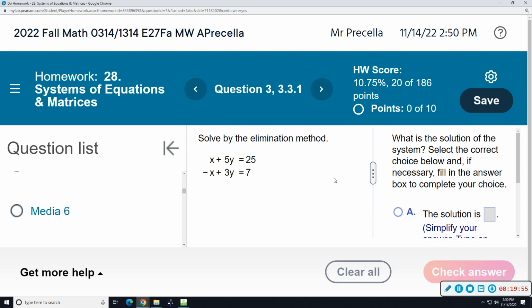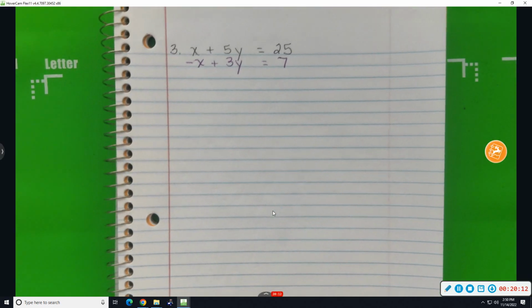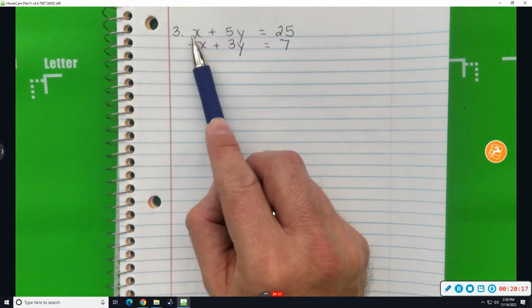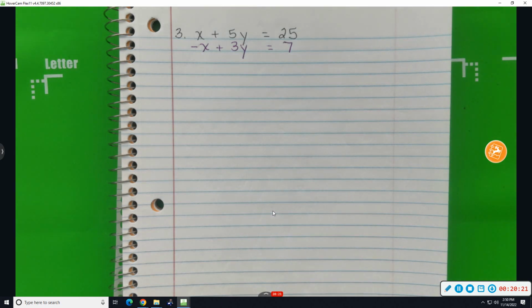You use whichever method you feel most comfortable with. Like on this one, if you want to isolate this first x and write x equals 25 minus 5y, it'll fall out real nicely. But elimination is actually the method I prefer.